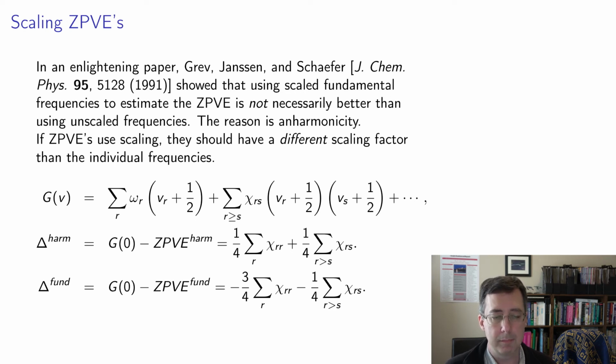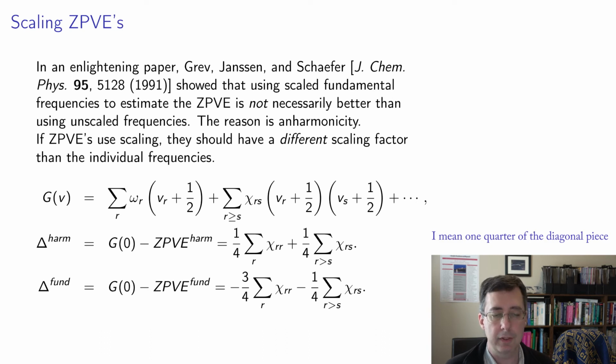And what we see by doing the math is that the error in an approximation like that also involves these chi's. And you'll notice there's the second terms, the chi RS's, the off-diagonal ones. I have an error which is either plus or minus a quarter of the sum of those. But that first term, the diagonal terms, if I use a fundamental approximation to the zero-point energy, I'm off by minus 3/4 the sum of the diagonal pieces. Whereas if I use a harmonic approximation to the zero-point energy, I'm only off by 1/4 of the harmonic piece.